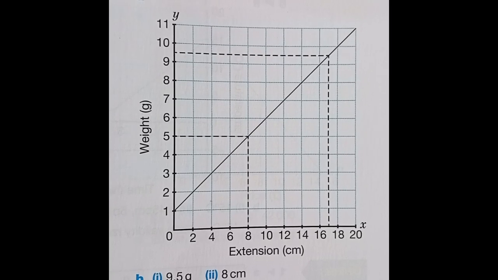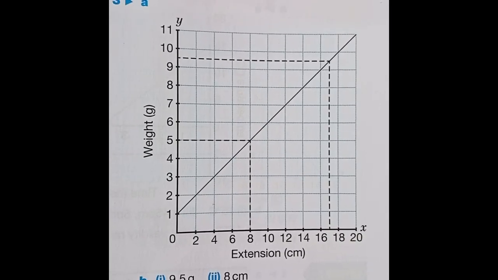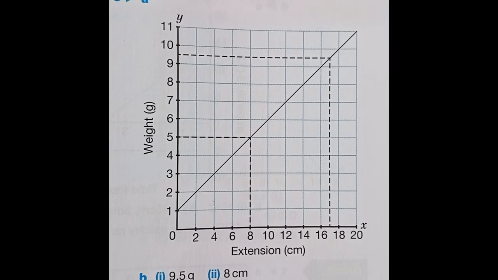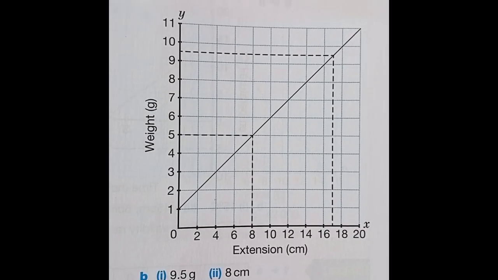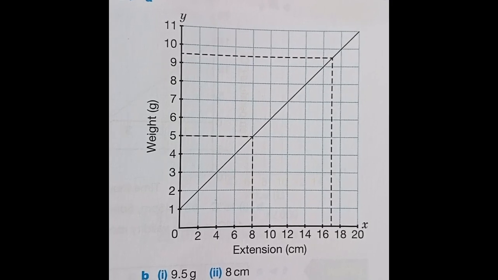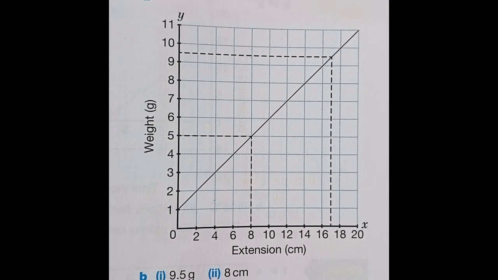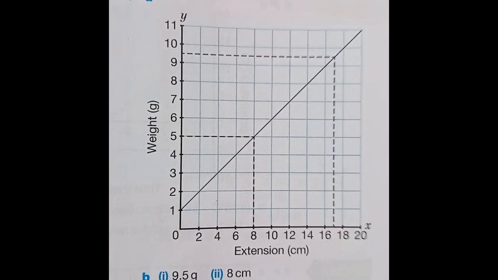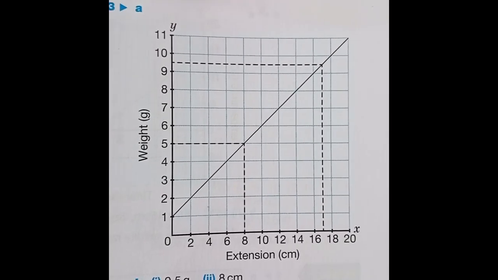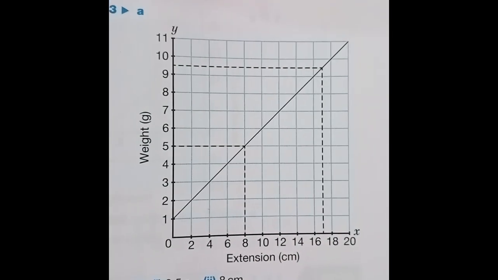And one more question is there: when the weight is 5 gram, what is the extension at that time. So from the value 5 we can take the line until it touches the graph, and take the corresponding value, that is 8 centimeters. So we can see here it is 8 centimeters. Is that clear for you?